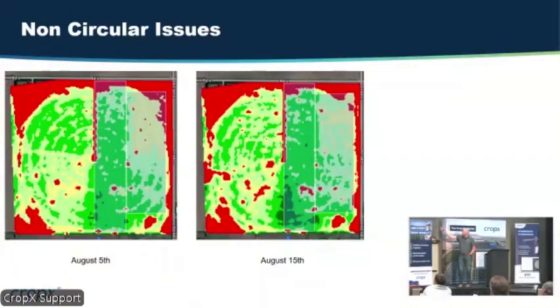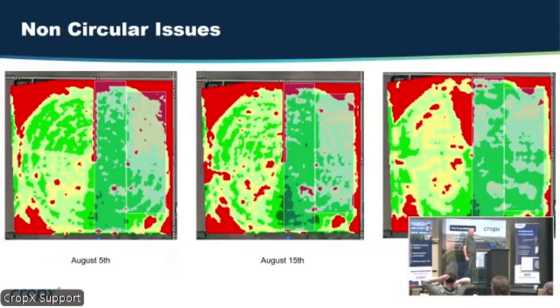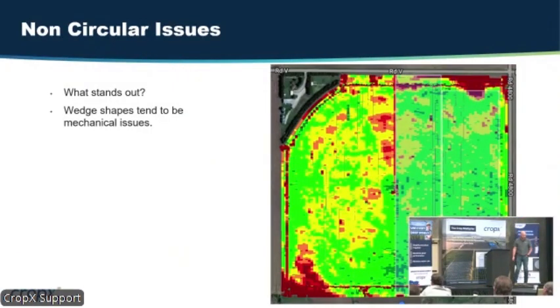Just to the left of straight north, you can start to see a few more yellow spots appear. August 25th. 20 days. In 20 days we went from a field that looked pretty good to that, okay?